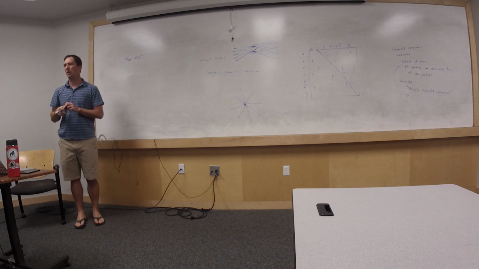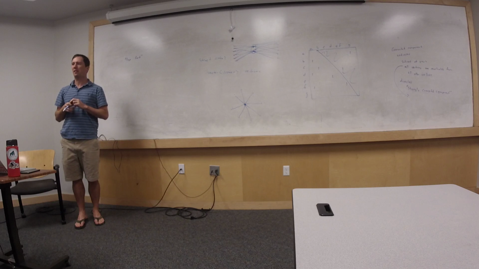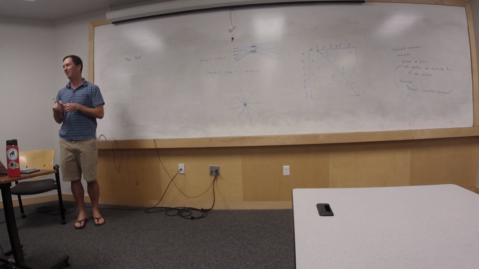So PageRank basically, we imagine that we have a random internet surfer. The random internet surfer starts at a random page on the internet and clicks links randomly forever. And PageRank tells us the probability of him ending up on a particular page at the end of time.